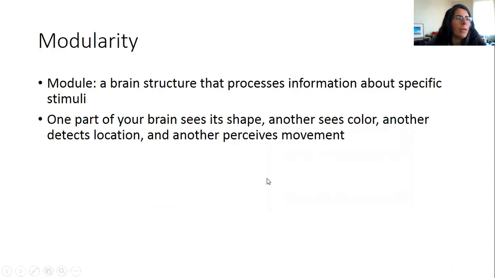Right, so I said before, the brain is modular. There are brain structures that process information about specific stimuli. So we have part of our brain that sees shape, another sees color, location, another perceives movement, another likes body parts, another likes spaces, and we have cells that really like buildings.